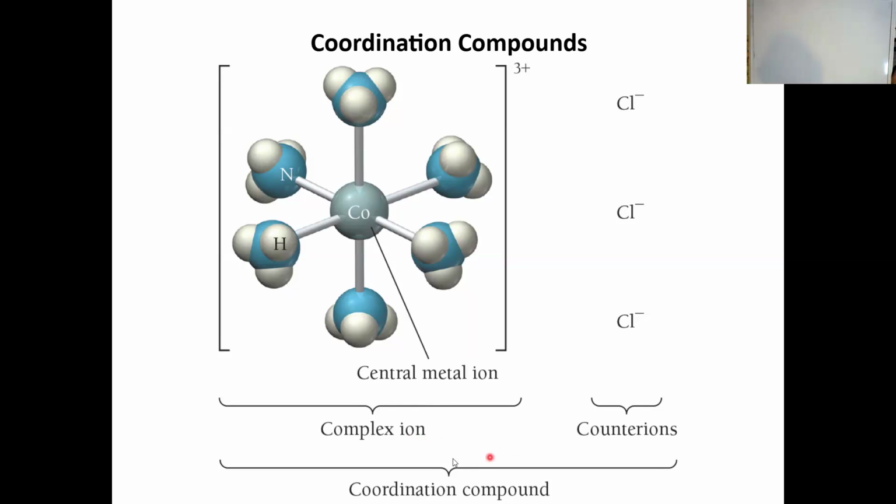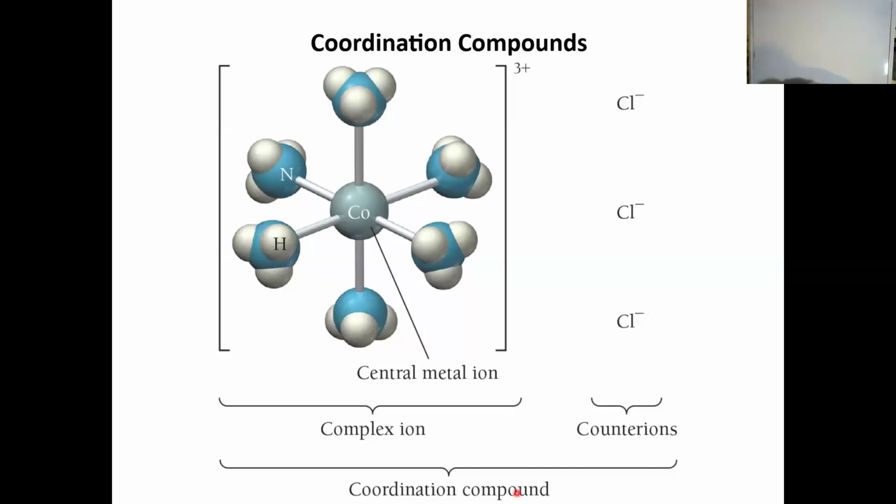So in this example, our complex ion has a positive 3 charge, and so it's going to combine with 3 counter ions, which just means ions with the opposite charge. So it's going to combine with 3 chloride ions to form the overall coordination compound.